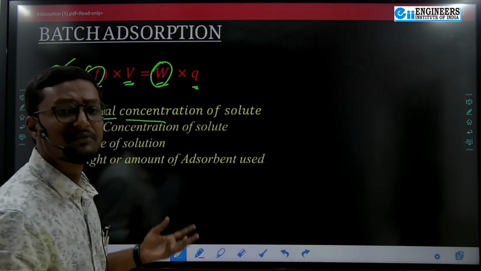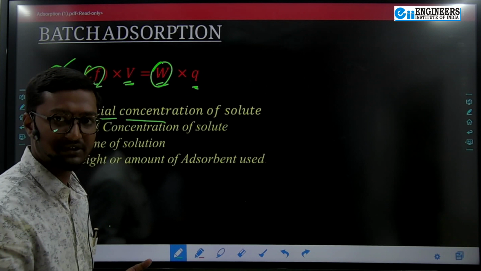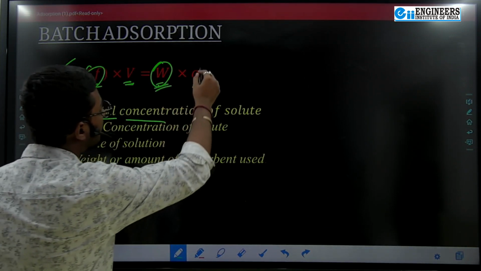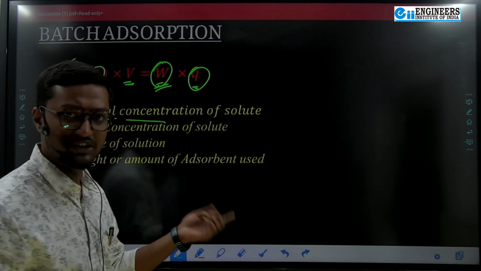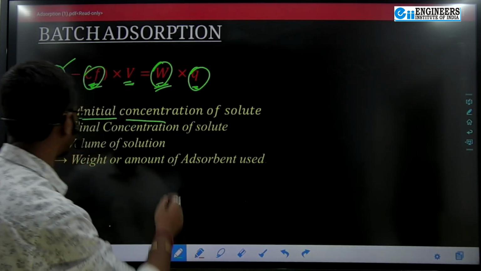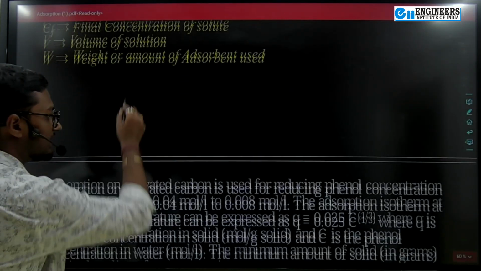For example, we were using activated carbon, and the amount of activated carbon we use, suppose 5 gram, is given by W. And Q is again the same thing, kg of adsorbate adsorbed per kg of adsorbent. So let's solve a numerical on this, so we will get a better idea.